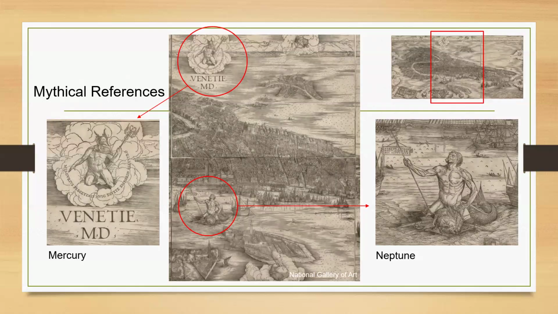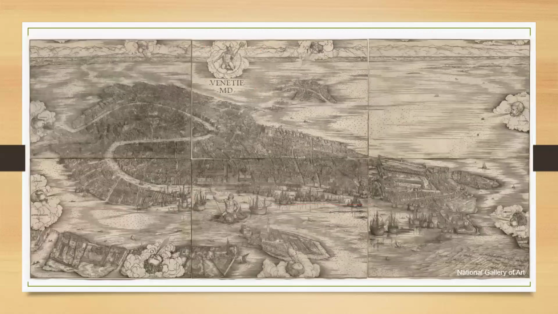They are positioned above and below the city, along the Rialto and Piazza San Marco, and symbolize their protection of the city and merchant center.